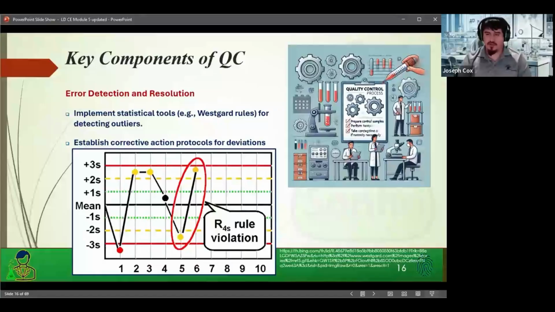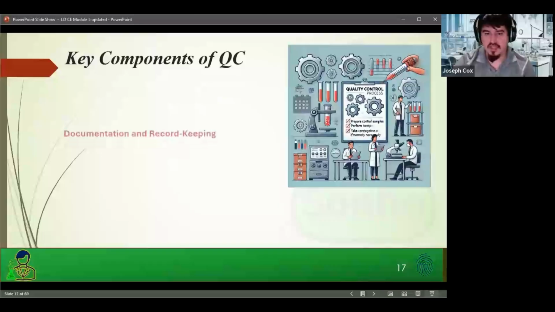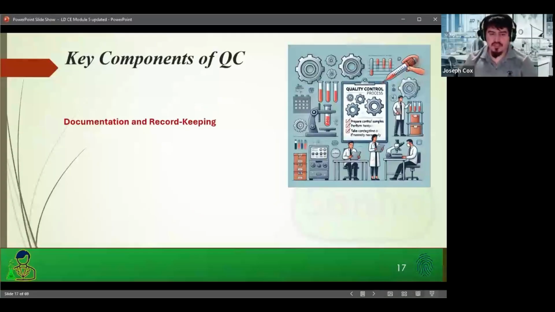So that's the 4S rule. Depending on what kind of Westgard rules you're implementing, there's a ton of rules for the charting and tracking of these QCs. And you can choose to be more stringent or less stringent. There's no hard and fast rule for the implementation of Westgard rules.